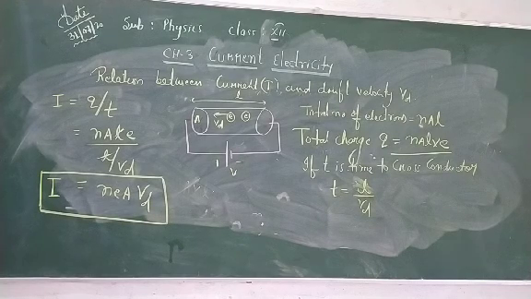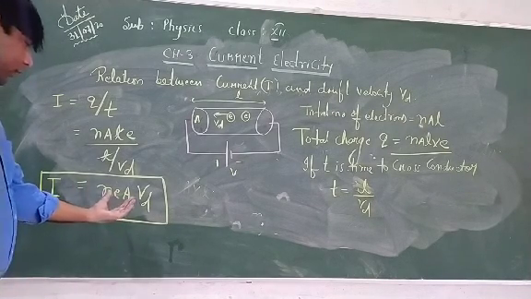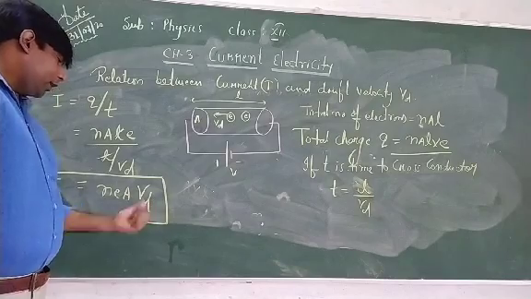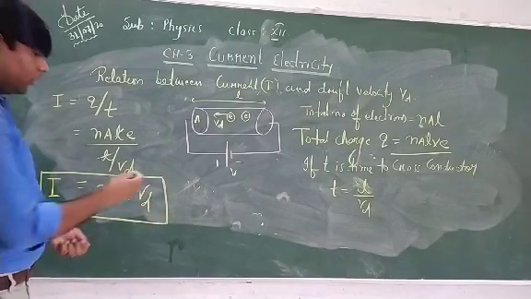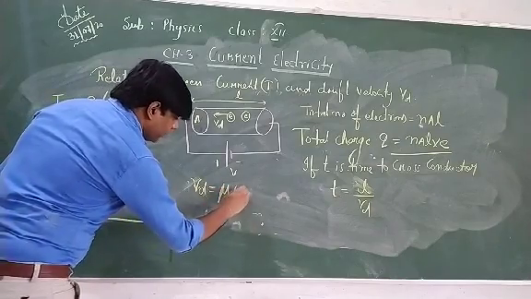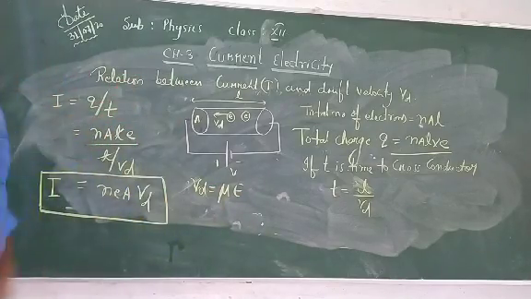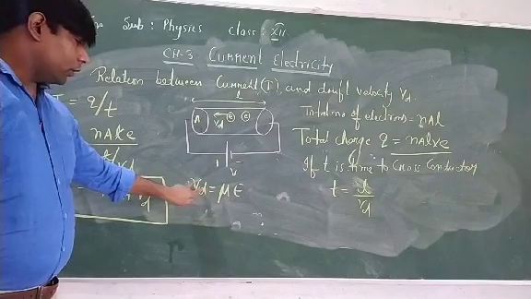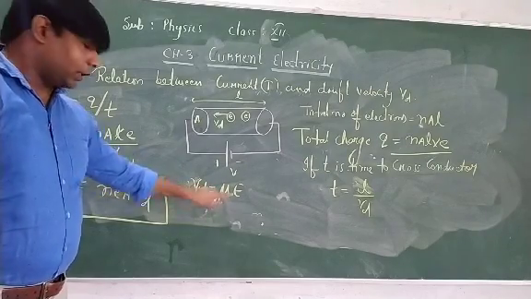Now if we derive further, we can substitute the value of Vd. We know Vd is equal to mobility times the electric field.